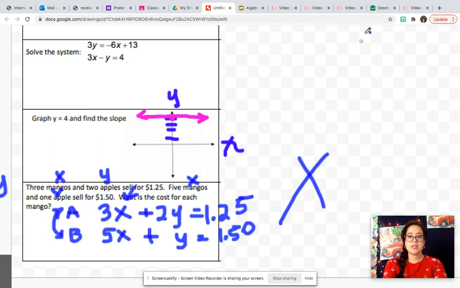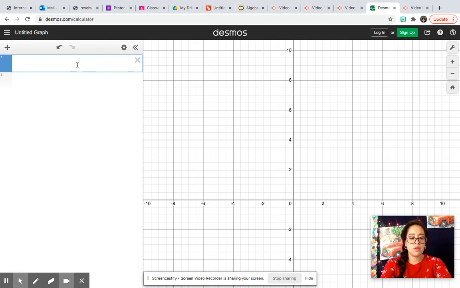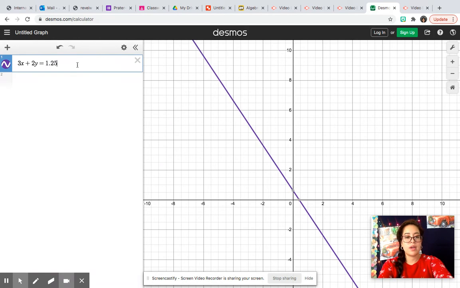So I'm going to put this into the Desmos. I'm going to put 3x plus 2y equals $1.25.